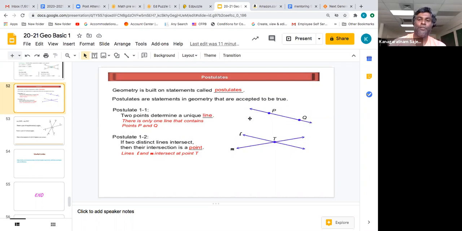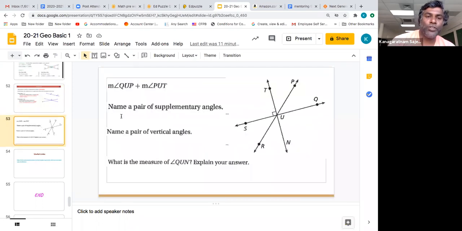So only one line can go through two points. There's another one: if two distinct lines intersect, then their intersection is a point. So if two lines intersect, there will be one point where they intersect.